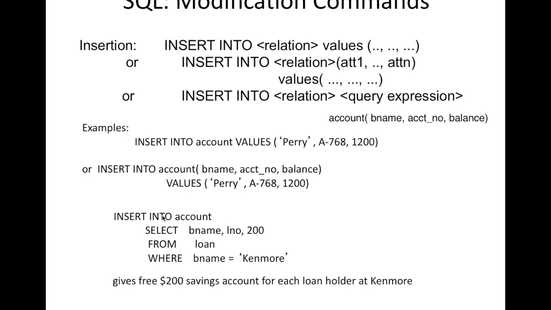So this insert statement gives 200 saving accounts for each loan holder at Kenmore. In each loan in the loan table where the bname is Kenmore, we're going to add an account of 200. A little bit complicated.